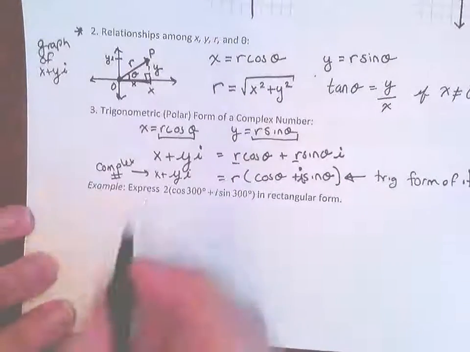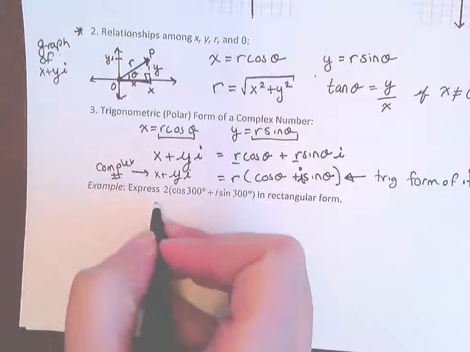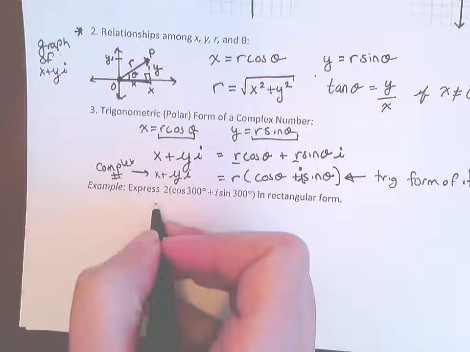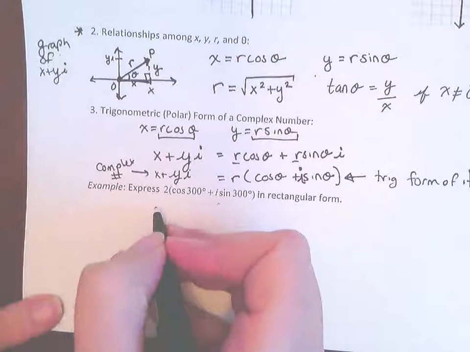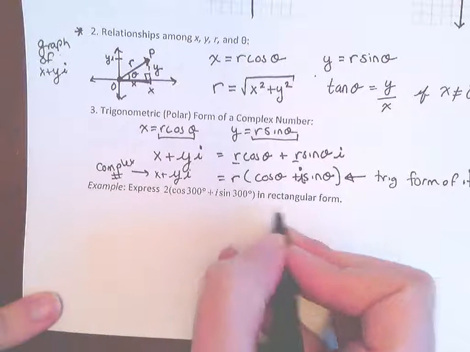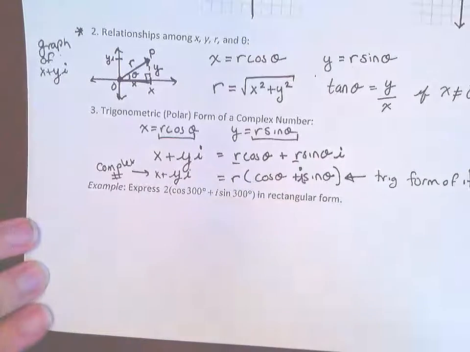So for example, let's express 2 times cosine of 300 degrees plus i sine of 300 degrees in rectangular form.